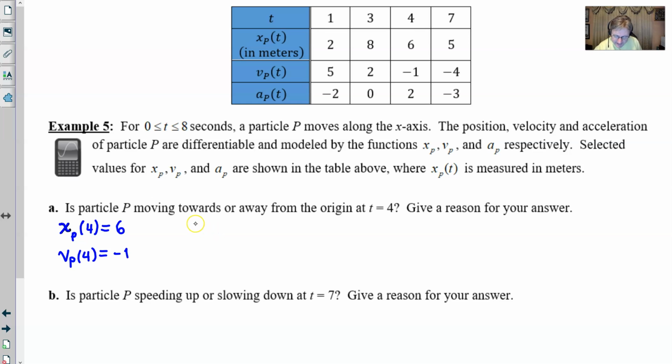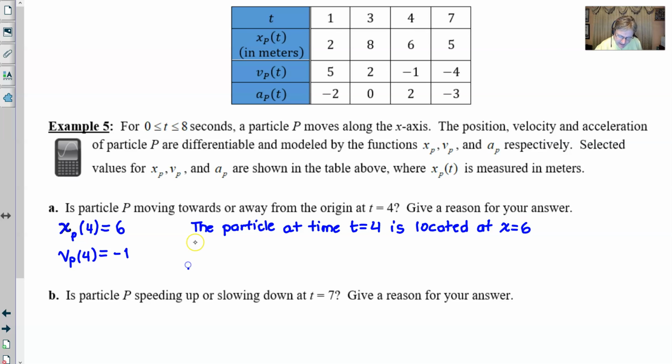So basically, write it up and say the particle at time 4, and you could write this a variety of ways: a particle at time t equals 4 is located at x equals 6, and couple that with the particle's velocity at time 4 is negative.